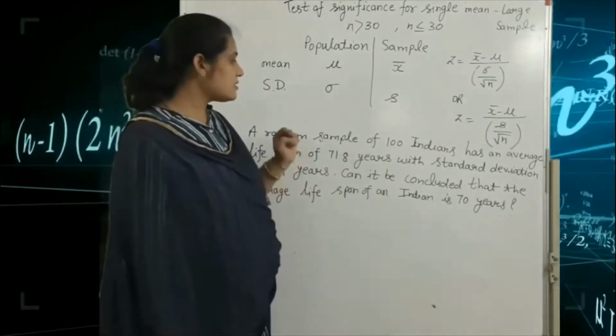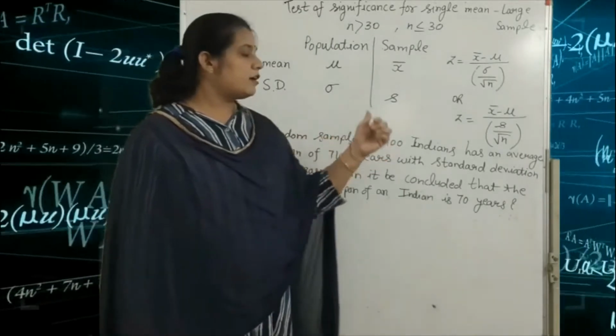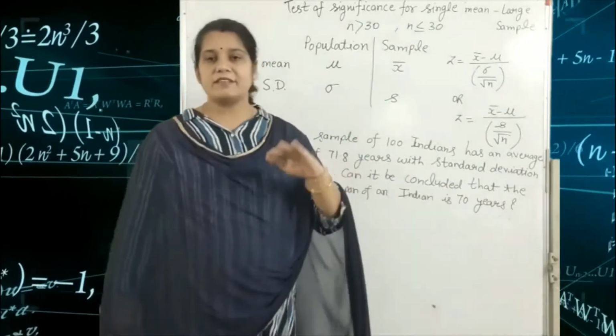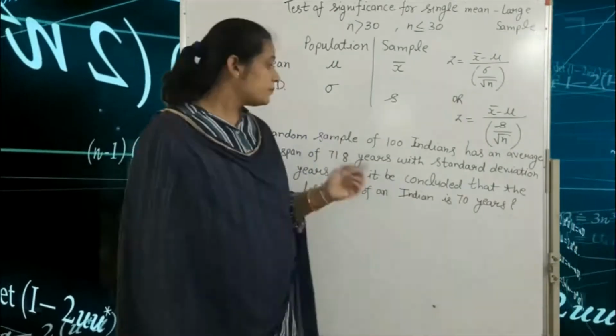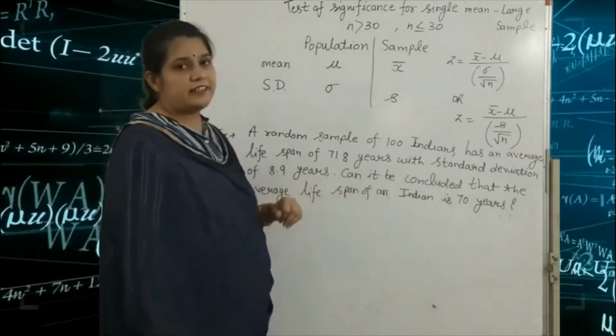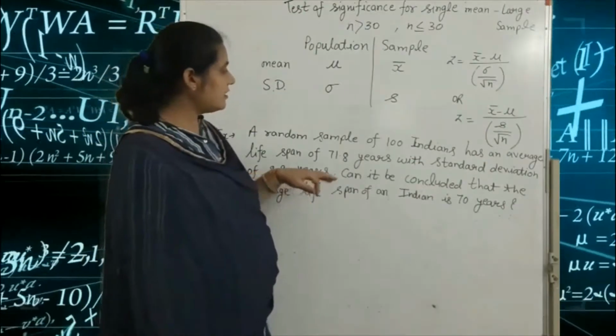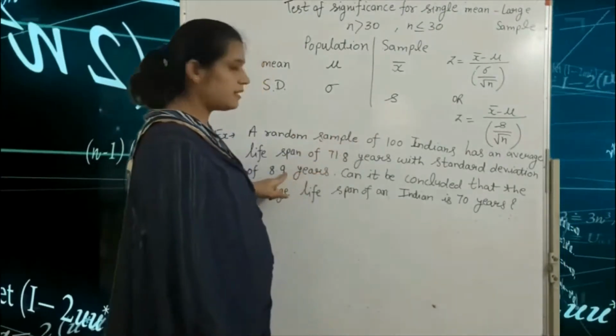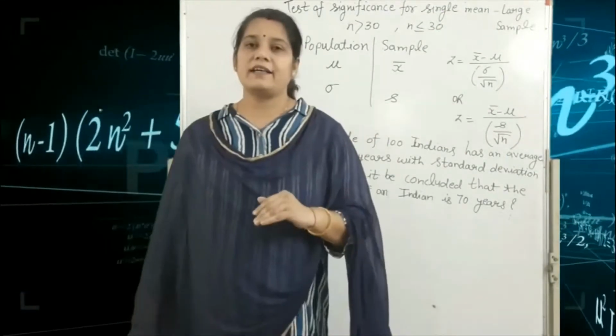So in this question, a random sample of 100 Indians has an average lifespan of 71.8 years, with a standard deviation of 8.9 years. That means this standard deviation is according to our sample, so small s is equal to 8.9 years.